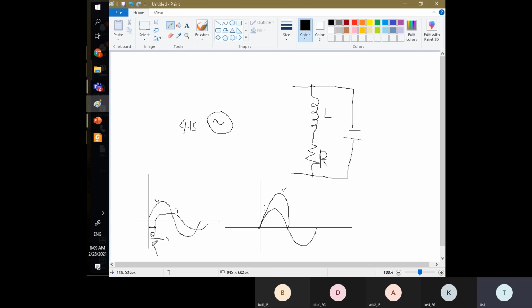This phase angle determines the power factor. If you take the cosine of this angle, it is equal to the power factor we are talking about.